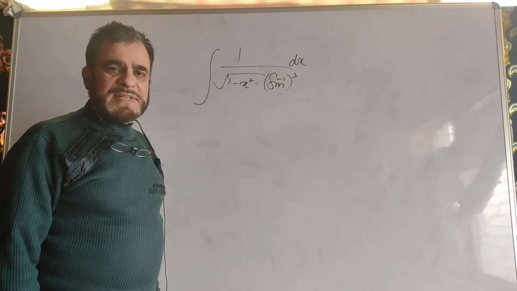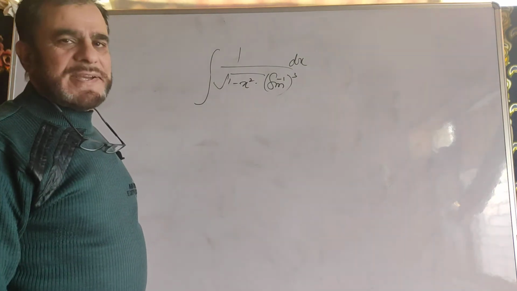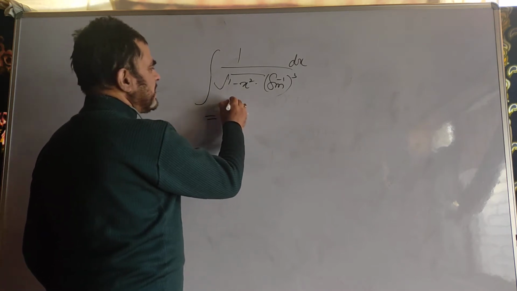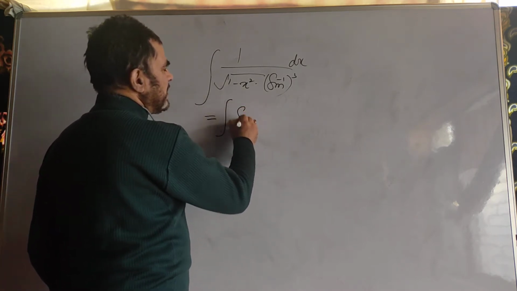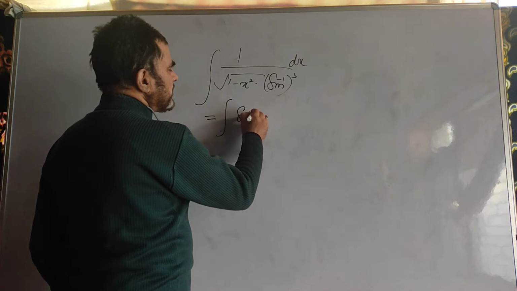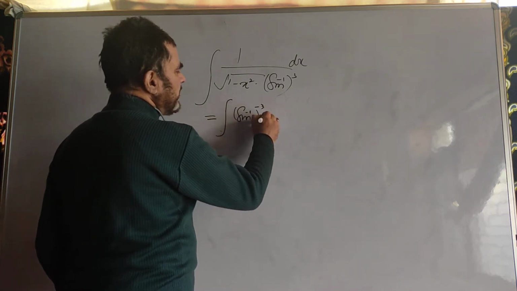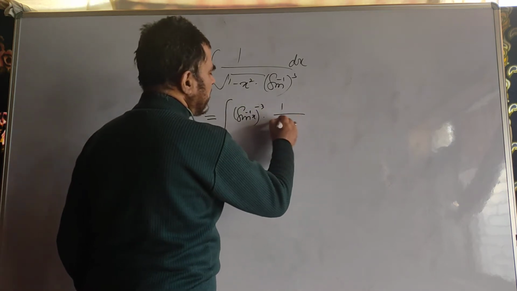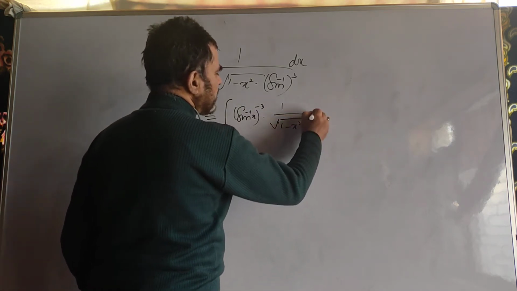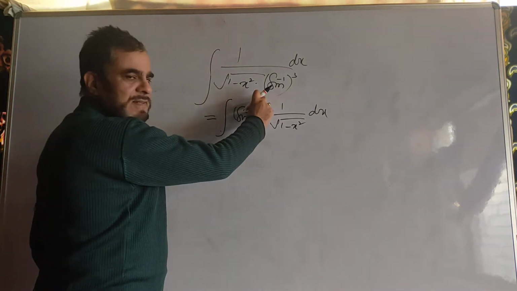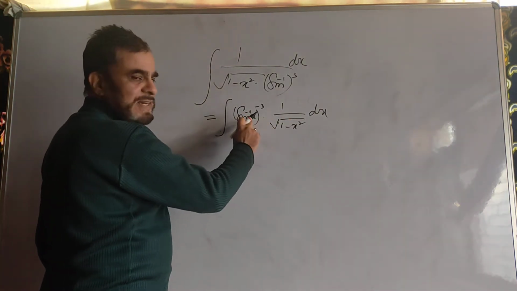It seems to be very difficult. It looks different, but it is nothing. You can write it as the integral of sine inverse x whole raised to power 3, into 1 by under root of 1 minus x square, dx. This is your f(x), this is your n, and this is f dash x, the derivative of sine inverse x.